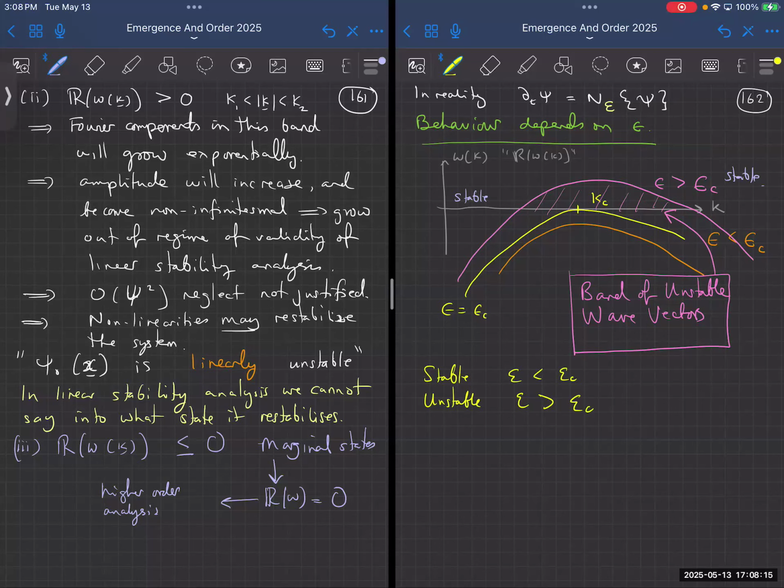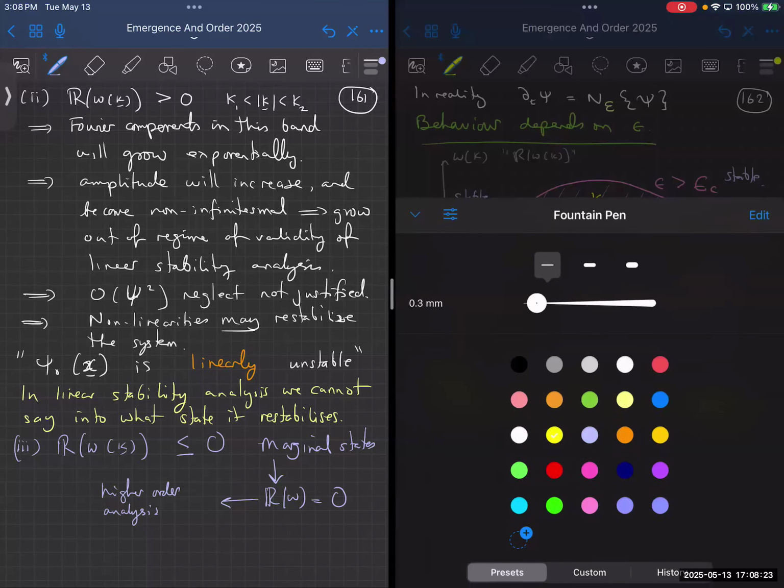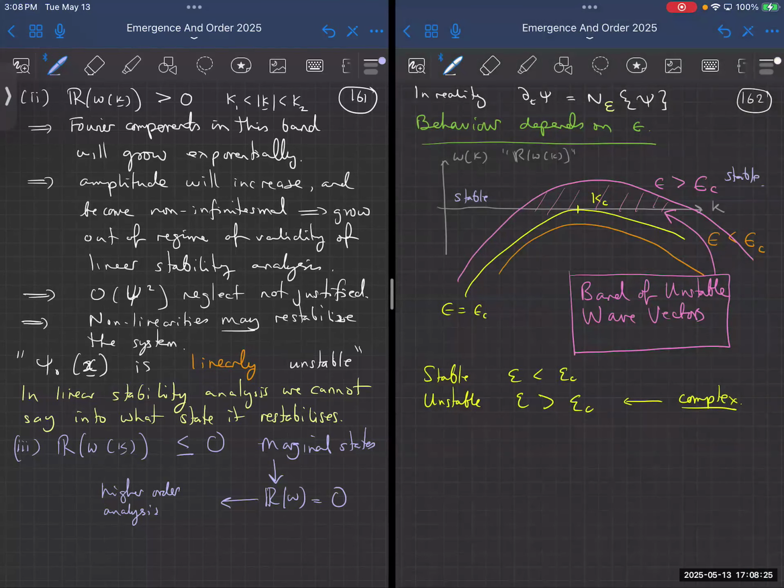And then the behavior in this unstable regime is going to be very complex, and there's no two ways around it. So there are some simplifications that one can make. What are they?